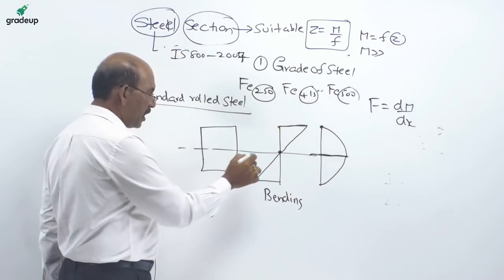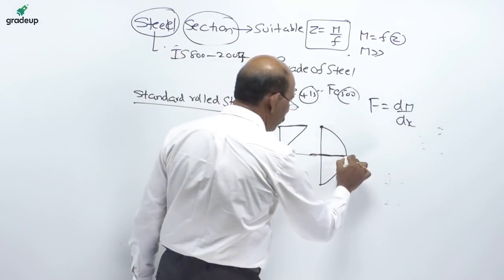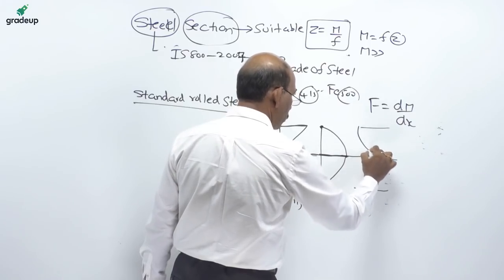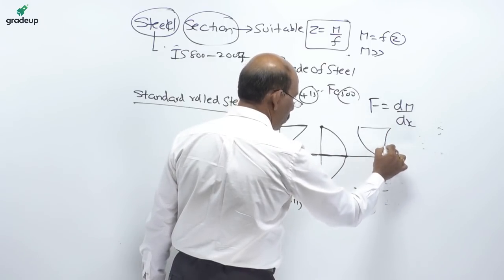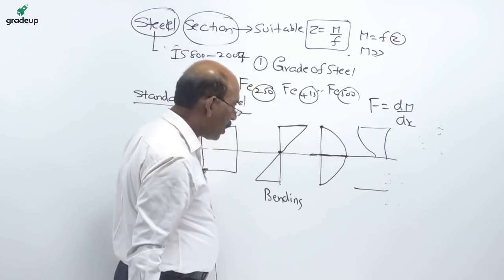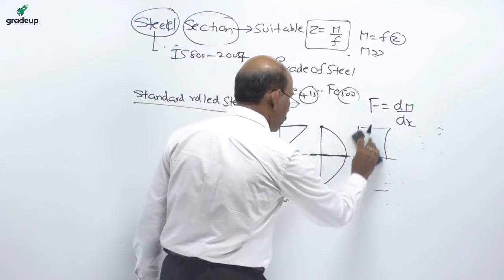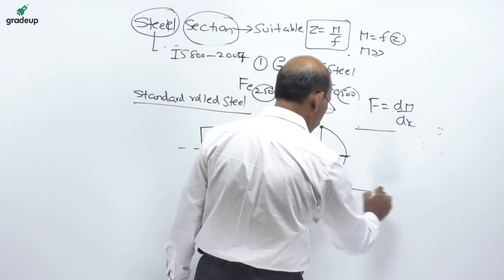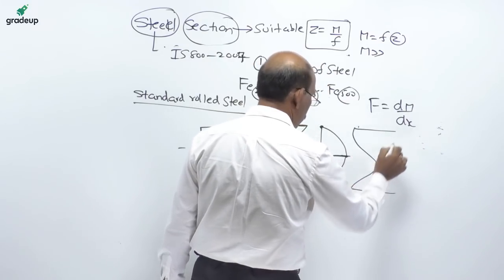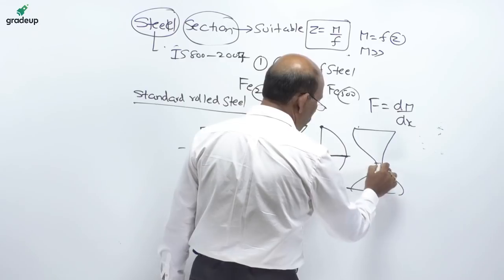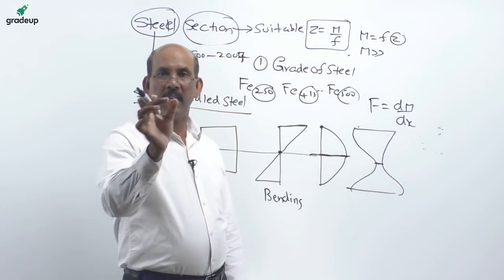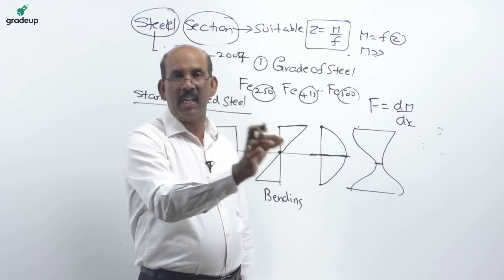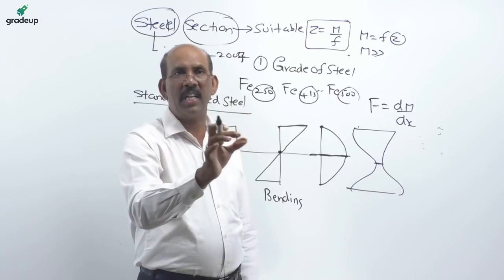Even we can see from this particular I section, this is the width, and the section has to take care of the buckling effect as well as the shearing effect.